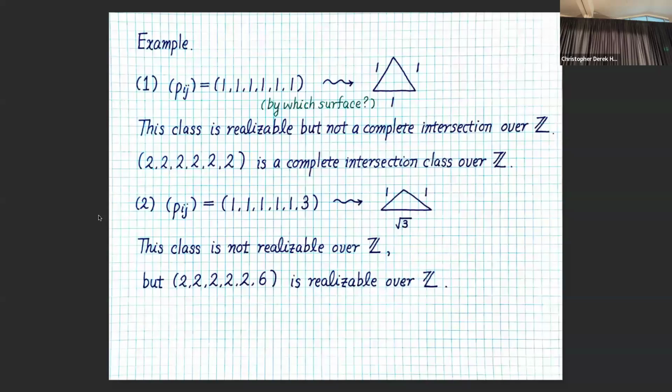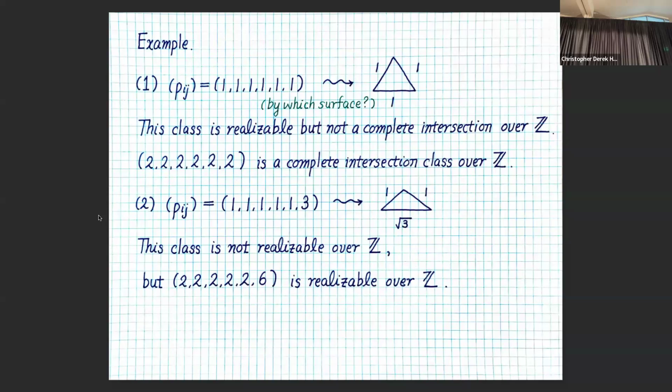It's an interesting surface, a very nice surface, not related to the diagonal. But what is interesting here is that 2, 2, 2, 2, 2, 2 is a complete intersection class over Z. So here you see that when asking the realizability question, we ask it up to a multiple, and sometimes that simplifies the answer.